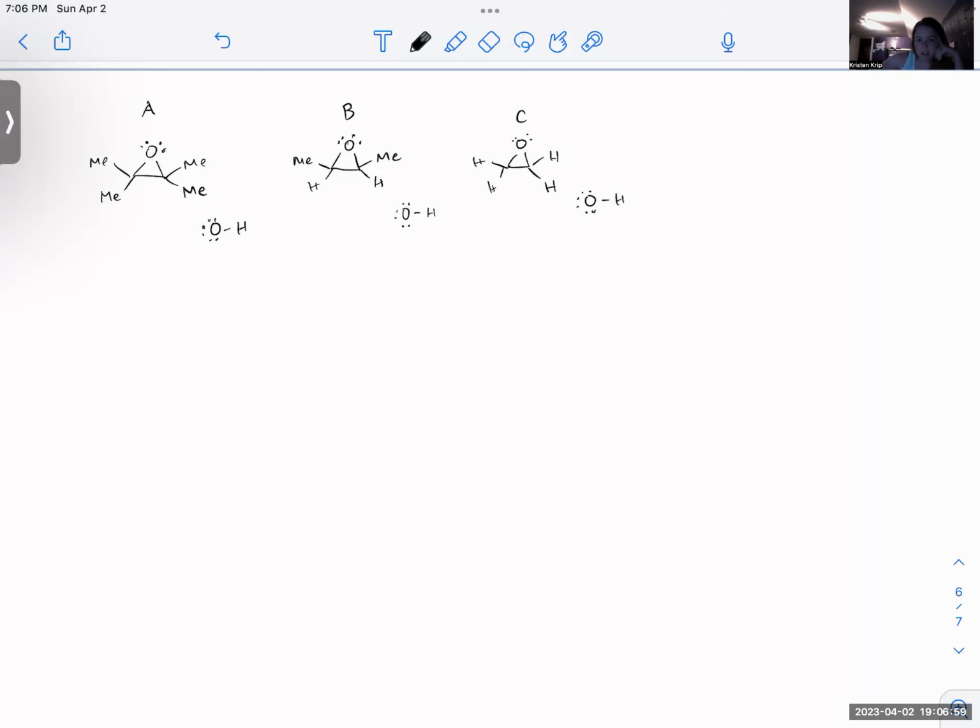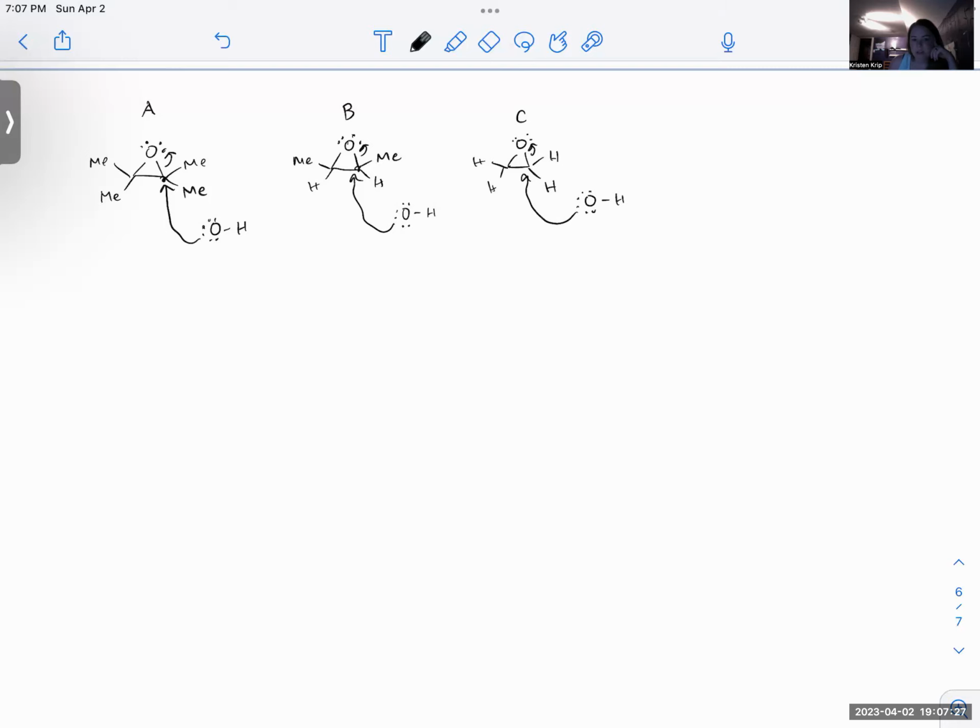Let's say we're attacking this side since it's closer. We're going to attack this side of each of them. That is going to break the bonds, so the electrons are going to move back onto the oxygen.